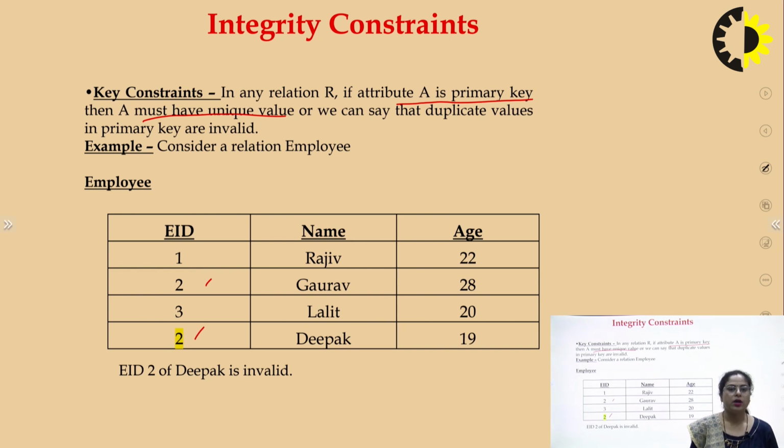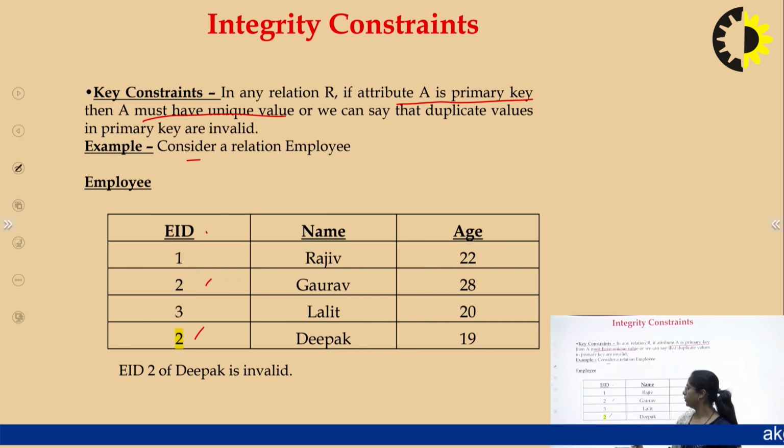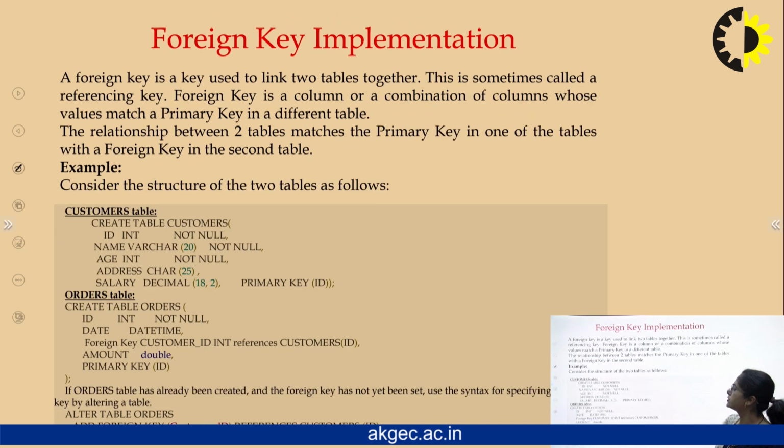All the values of the key in the relational database should be unique. Example: in this we can see that in row 2, tuple 2, there is employee ID 2, and in tuple 4, there is also employee ID 2. So duplicate values are not allowed in these key constraints.